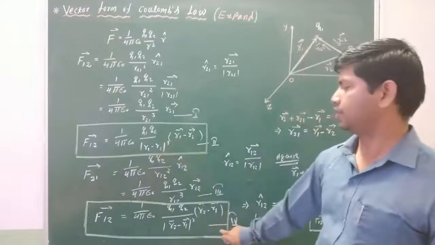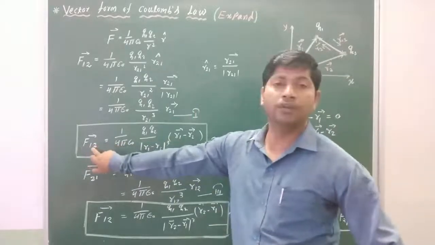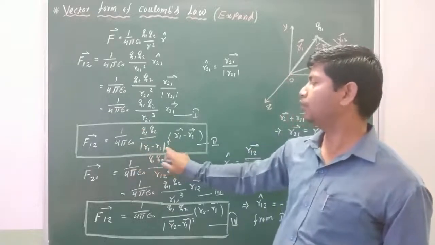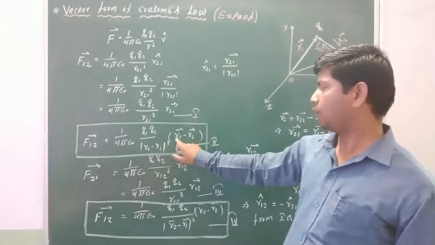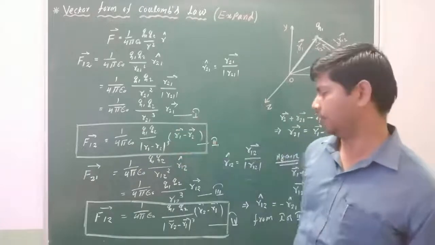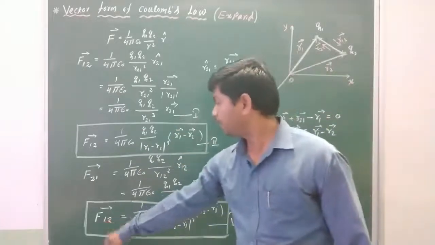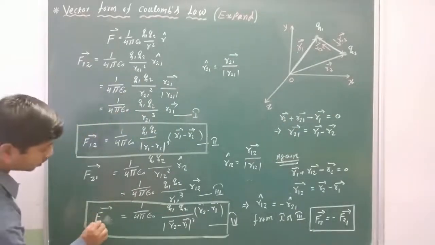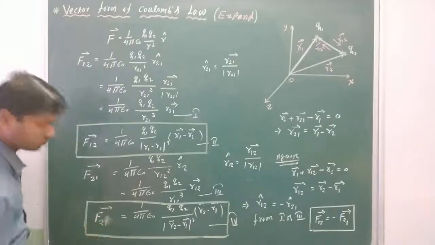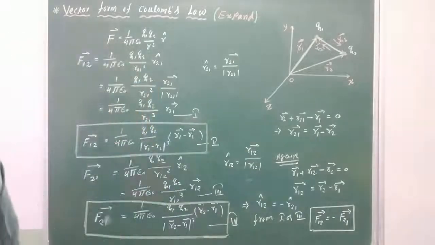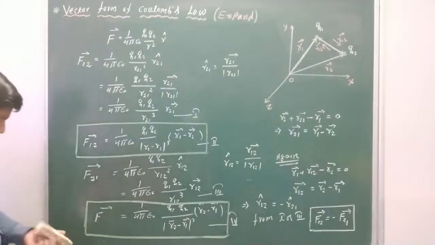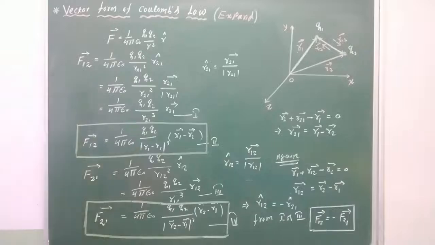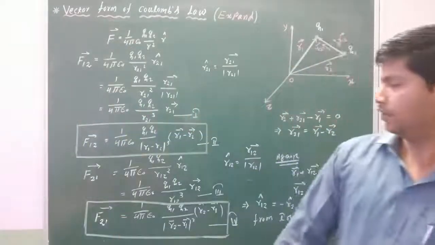This equation is force on the Q1 due to Q2 is equal to 1 by 4 pi epsilon naught Q1 Q2 by R1 minus R2 mod cube into R1 minus R2 vector. This is your R21. Just a small mistake here.